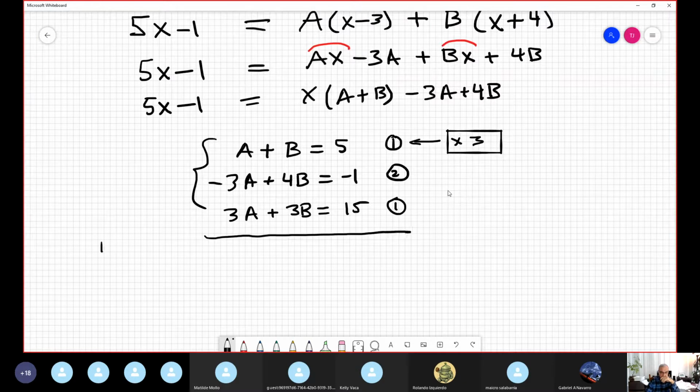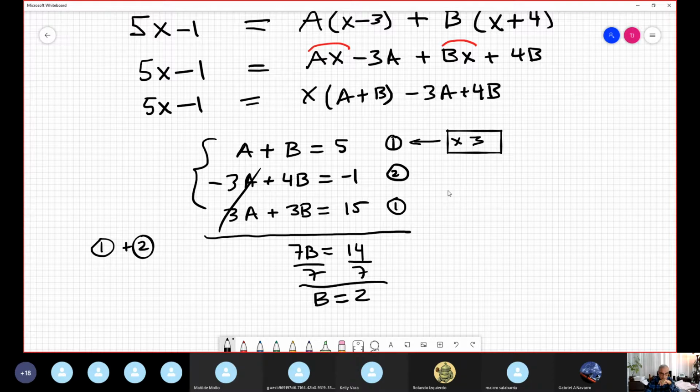Now ready. Adding 1 plus 2. This cancels out. This is 7. And this is 14. Divided by 7 both sides. B is 2. To find A, it's easy. A plus B is equal to 5. If I know that B is 2, A plus 2 is equal to 5.